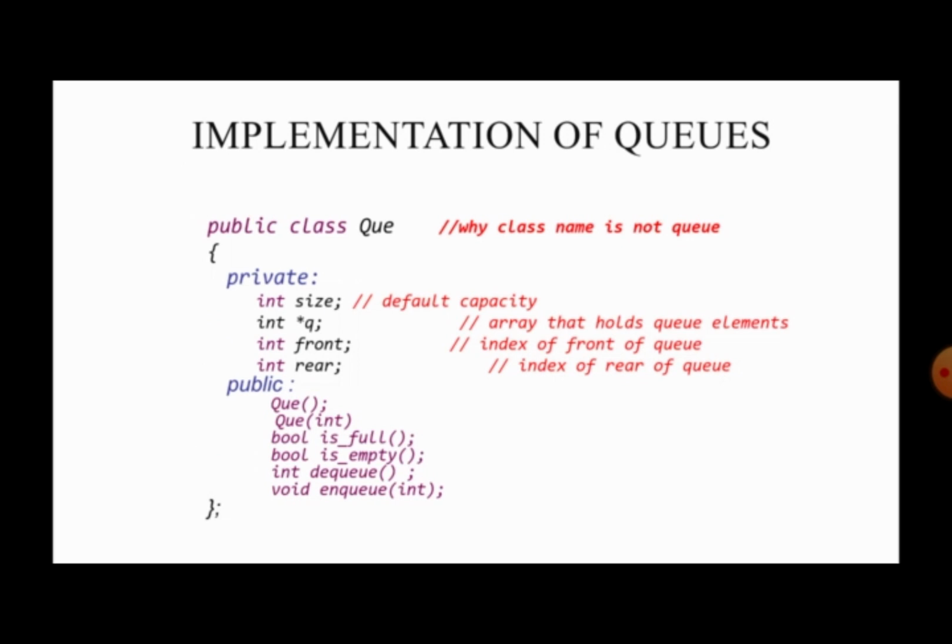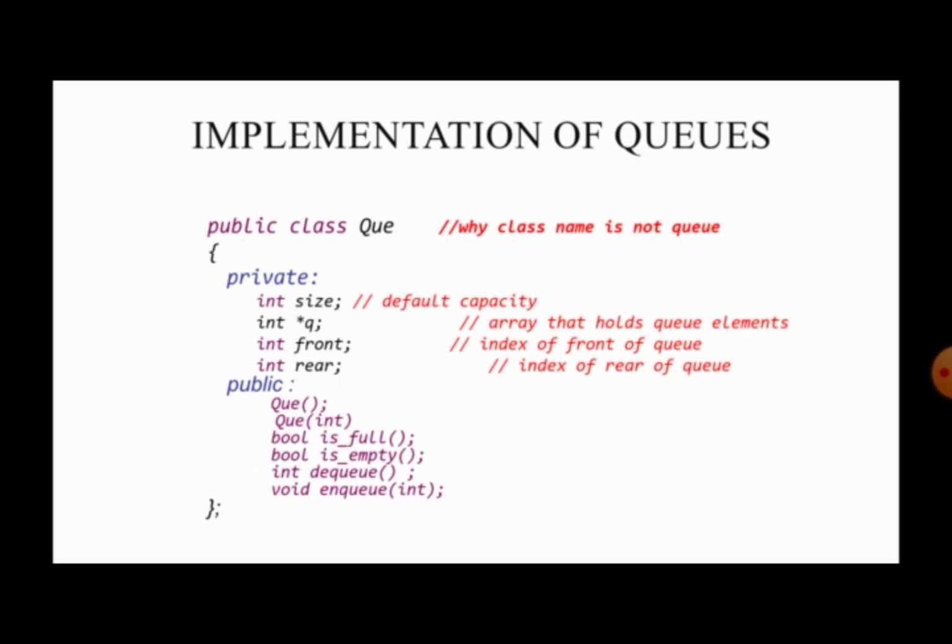So to implement the queue by static data structure, we use classes so that we can create multiple objects as needed.